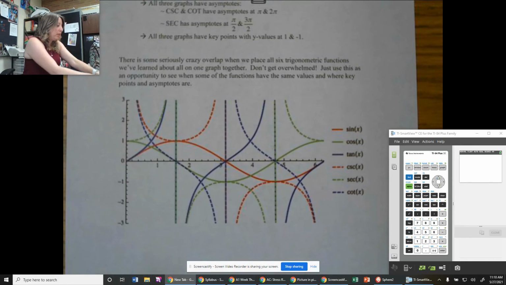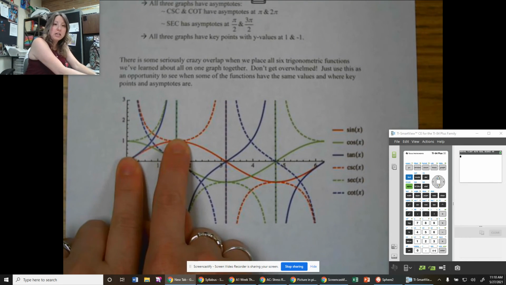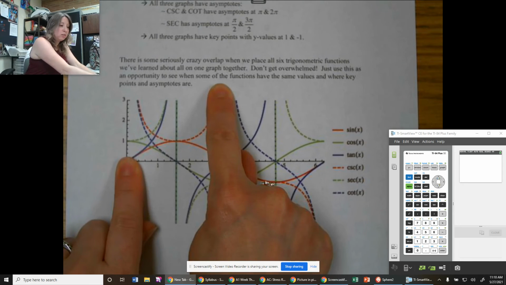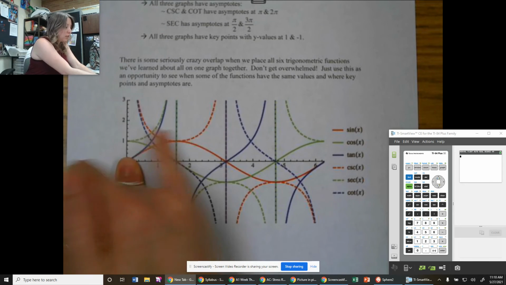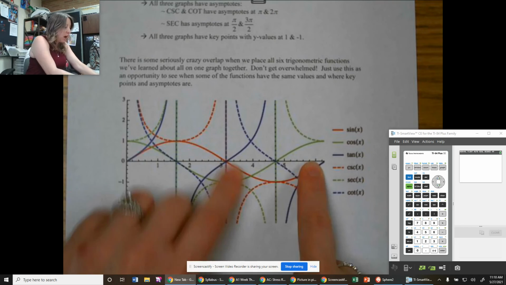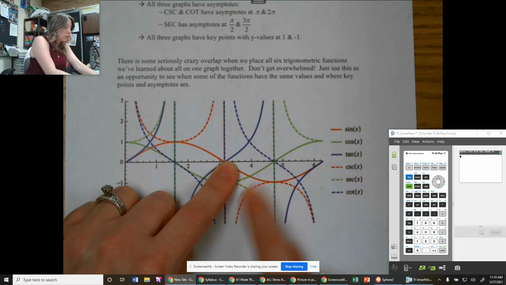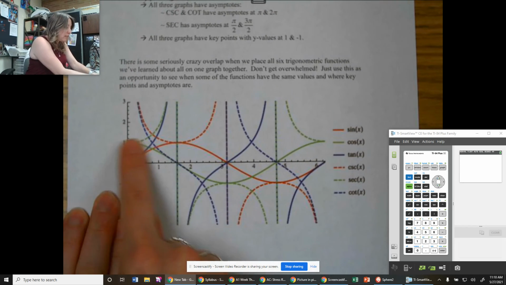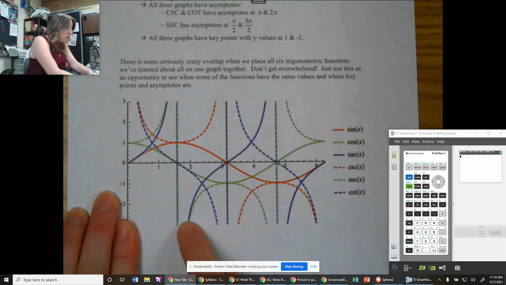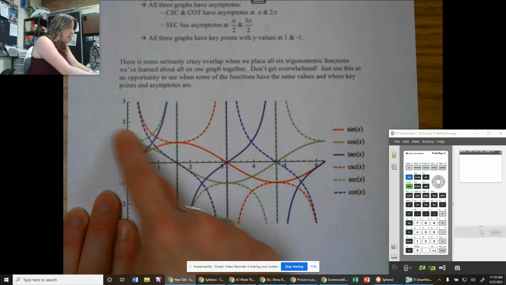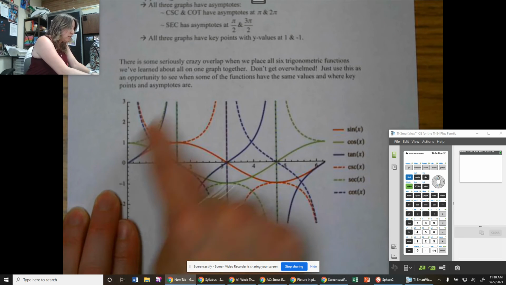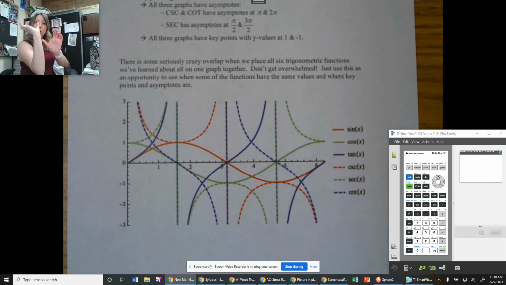Sine's peak, the opposite is up here for cosecant. Sine's valley, the opposite is down here for cosecant. Cosine is that cup, so the opposite of its valley is down here for secant, and the opposite of its two peaks would come together as one cup at the top there.